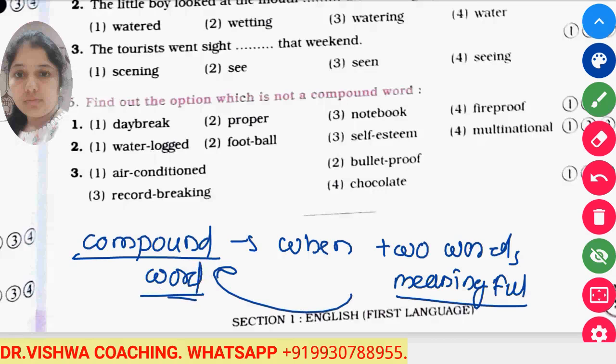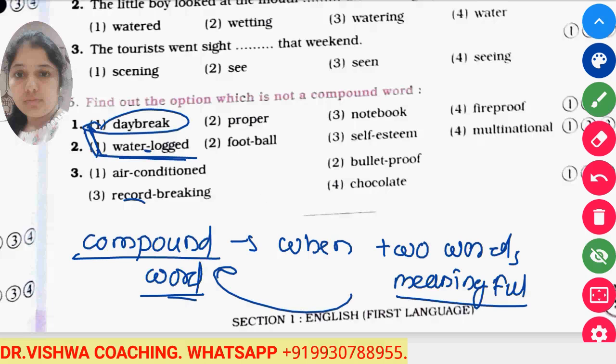They can be written together like this, daybreak, or a dash is put in between them. So it is shown that two words are jointly joined. In this way we represent it by writing it continuously or by putting a dash in between them.